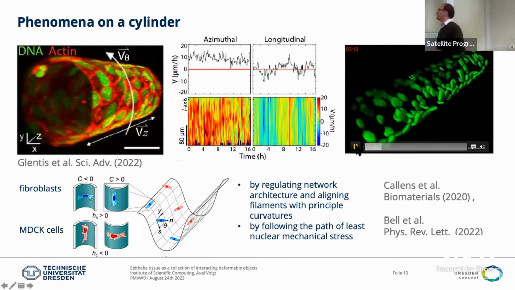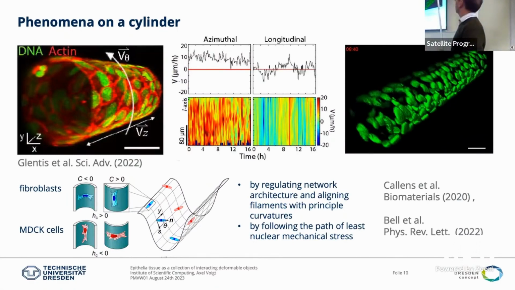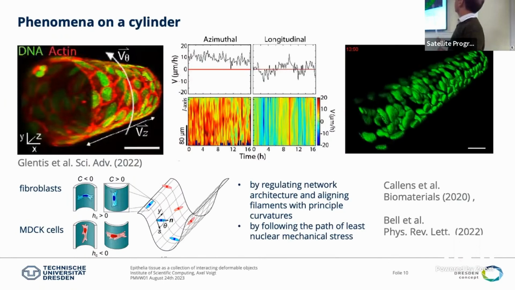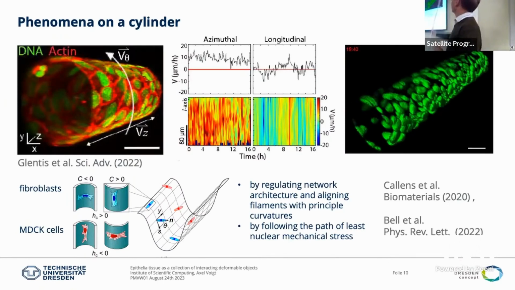Here's a video. We again see the nuclei of these cells, and to some extent they are potentially more rotating than moving along the cylinder. One can quantify this with kymographs or by looking at the average velocity. So there seems to be some effect.